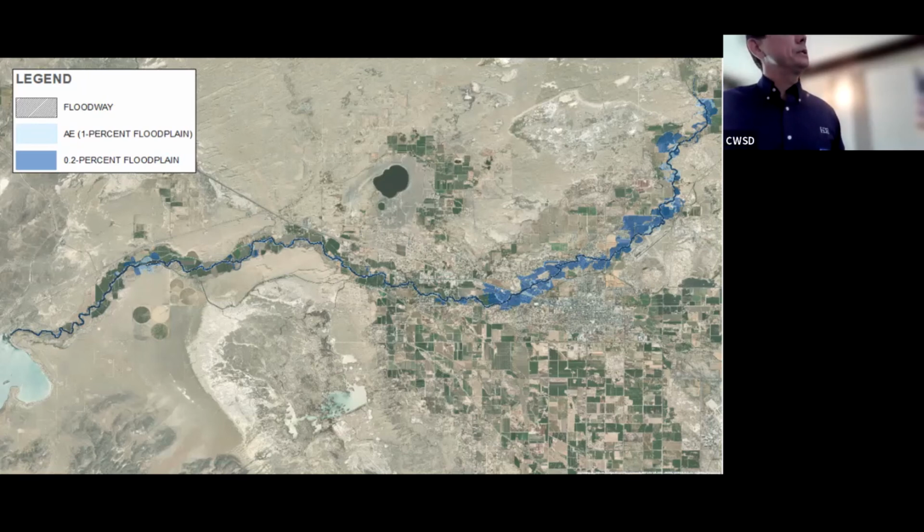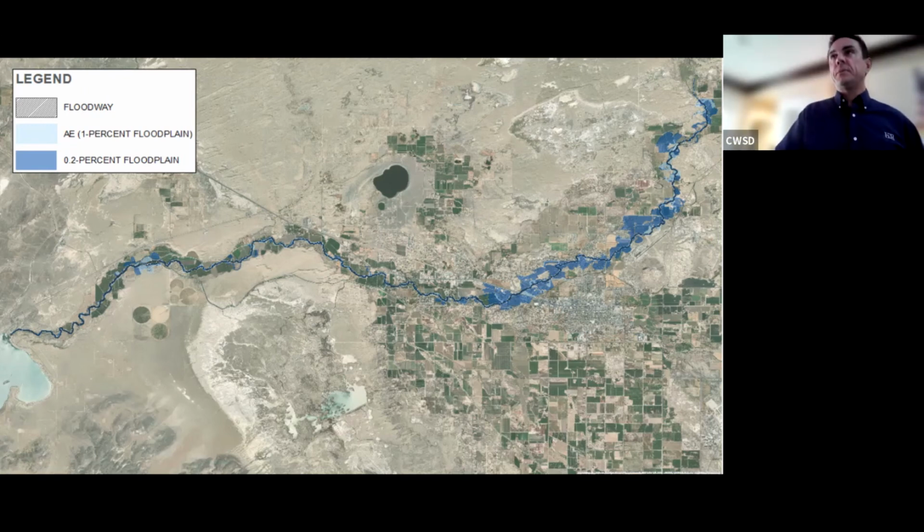The lighter blue is the 100-year, or the 1%. And then the floodway is the hatched, almost imperceptible at this scale. So with those reduced flows and that diversion at the Carson diversion, the flood maps are very much different than what was previously mapped downstream of that study.